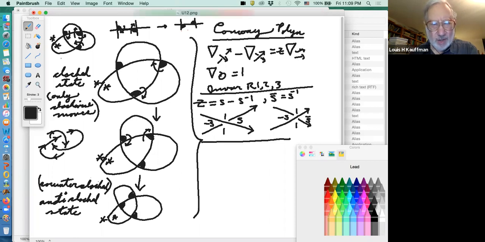You look at the marker and you look back at the knot and you see what the label is on the knot. So let me just do that on these states. I look back at the knot and I see S. I look back at the knot and I see S. And I look back at the knot and I see 1. Here, S, 1, and minus S inverse. Here, minus S inverse, 1, and minus S inverse.